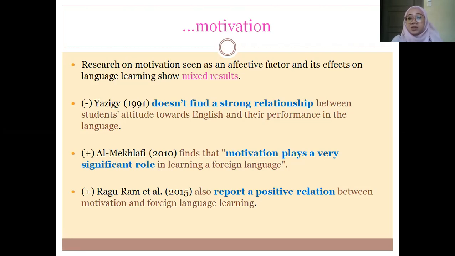Al-McLaughlin in 2010 finds that motivation plays a very significant role in learning a foreign language, while Raghuram in 2015 also reports a positive relation between motivation and foreign language learning.